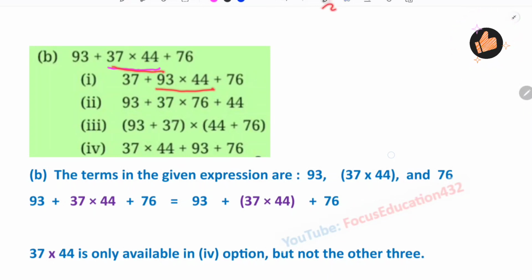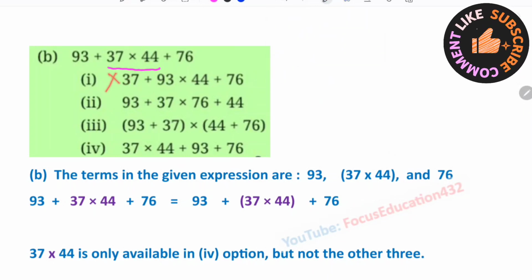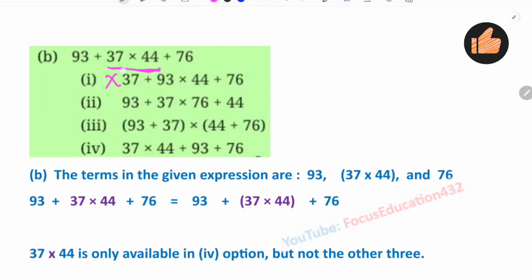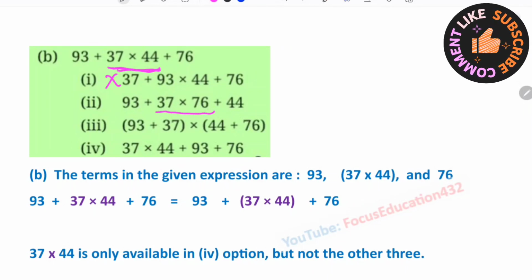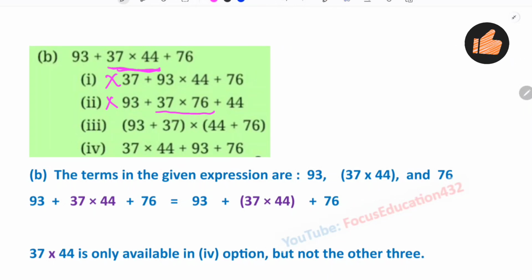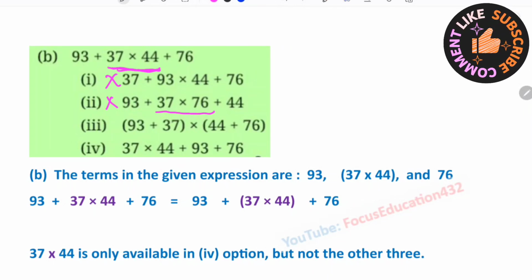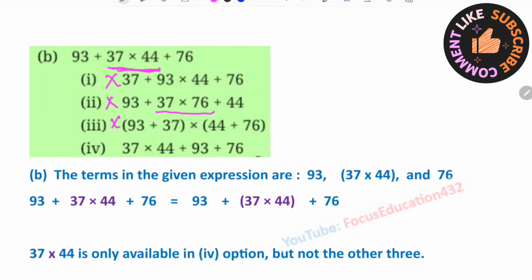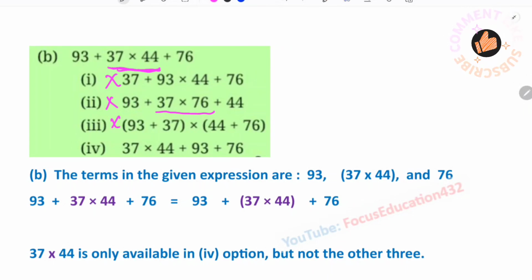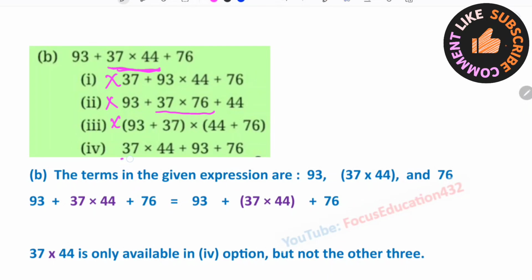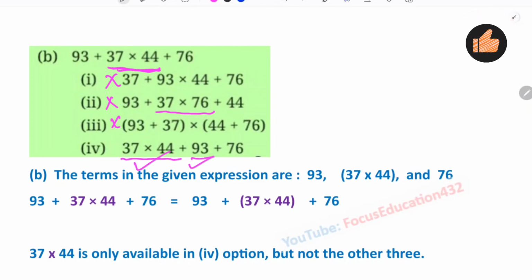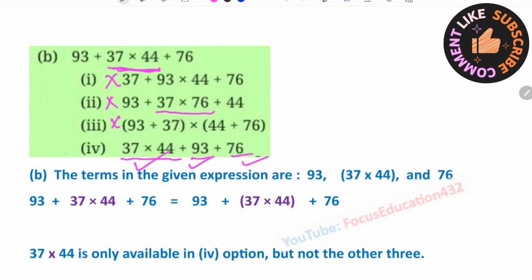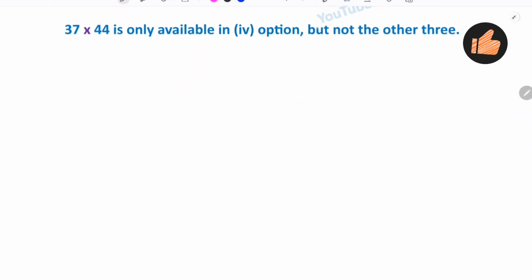Here 37 multiplied by 44. Wrong. 37 multiplied by 44. 37 multiplied by 76. No way. This is not a case of distribution property. So this is also wrong. Then you are having the last one. 37 multiplied by 44. This is correct. Then we are having 93 plus correct. 76 plus correct. So fourth option here also correct.